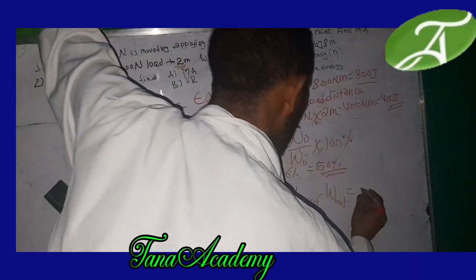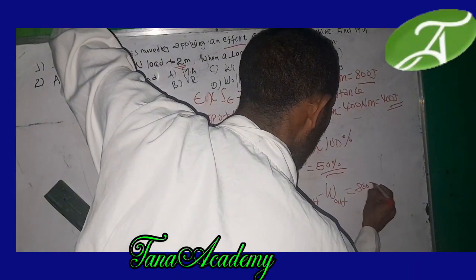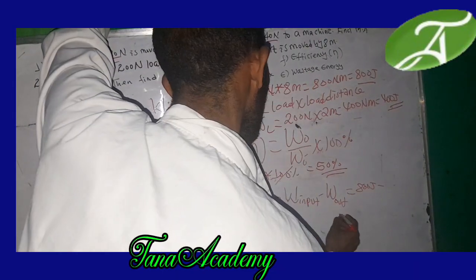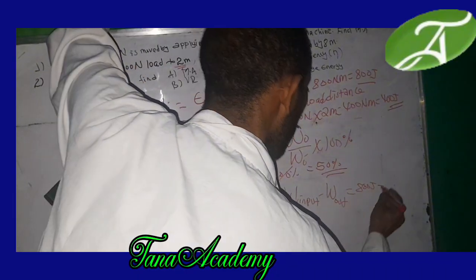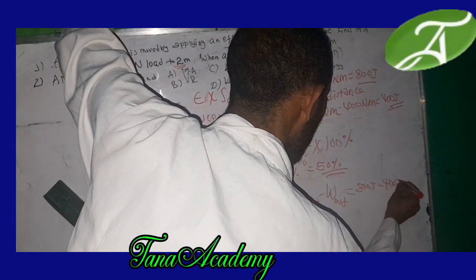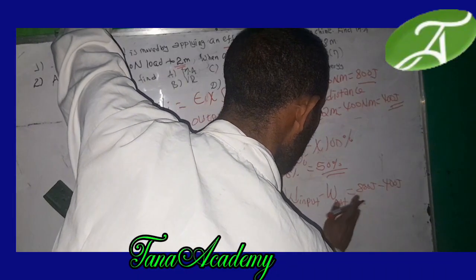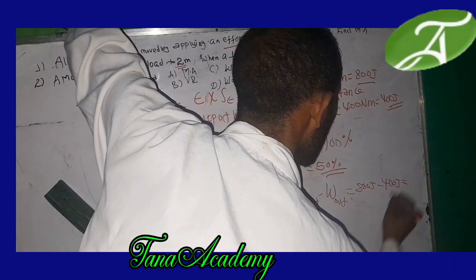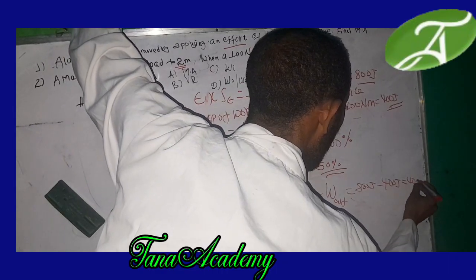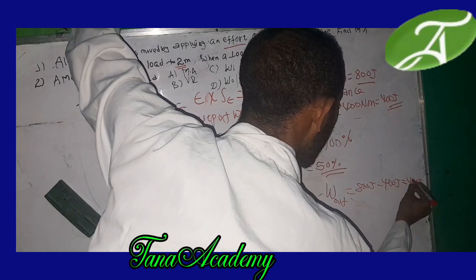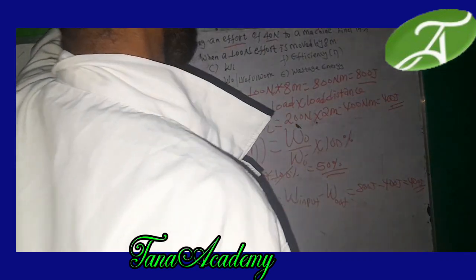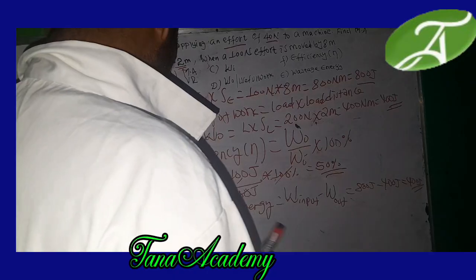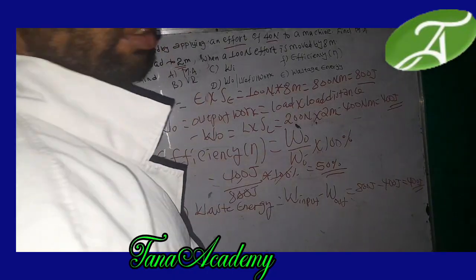Input work is 800 joule minus work output is 400 joule, which is equal to 400 joule. E is the wasted energy. See you on the next video.